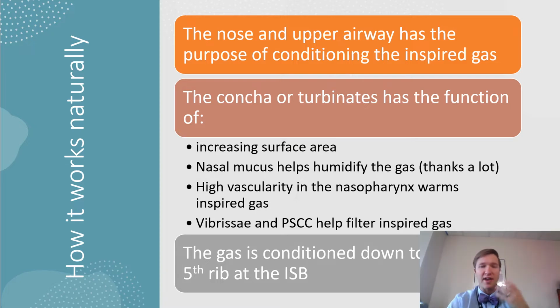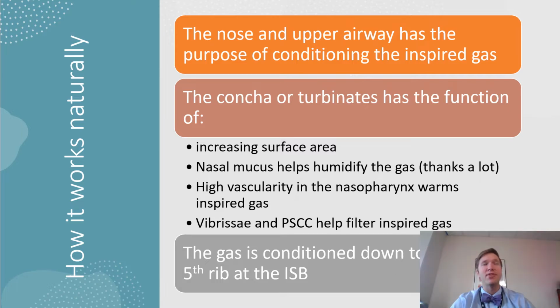And the heat would be all that vascularity that's in there. Have you ever had a really, really bad nosebleed or seen one? Right? So there's a lot of vascularity that's in the nasal pharynx. So when we're breathing in slowly through our nose, we're having dwelling time that will allow for us to pick up heat and humidity with the gas that we're breathing in.